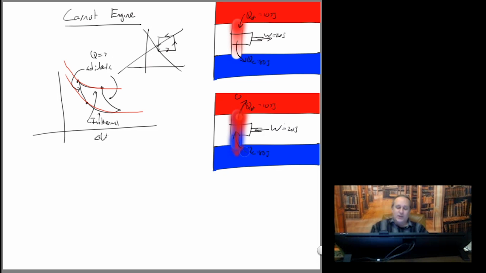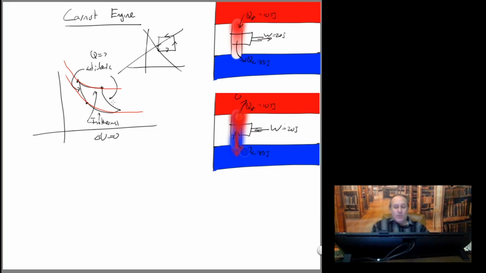For isothermal, delta U equals 0. So the special thing about this machine is that there's no spontaneous heat flow. Two of the sides are adiabatic, so there's no heat flow on two of the sides. So this sort of leakage cannot occur during the parts on the side.